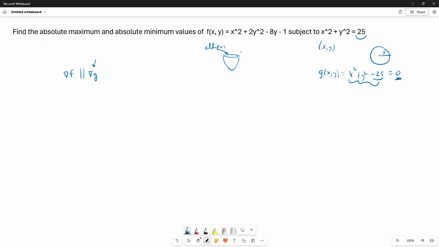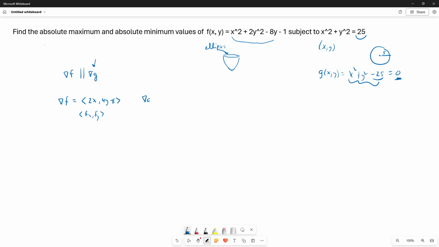So the gradient of f, here's f. We have gradient of f is equal to the vector f sub x comma f sub y, and f sub x here is 2x, and f sub y is 4y minus 8. So that's our gradient of f.